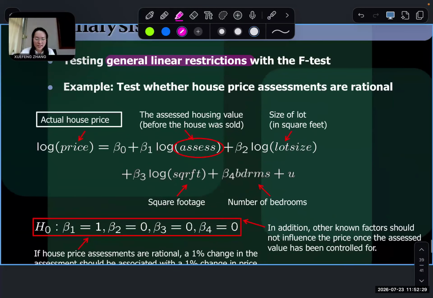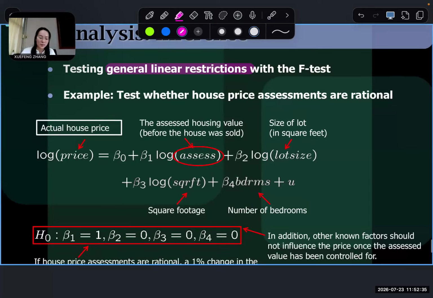So the question is: are house price assessments rational? Let me write it down. Let me remind you again, you always start with a question when you want to write a paper. Even if you just answer one question, it's fine.